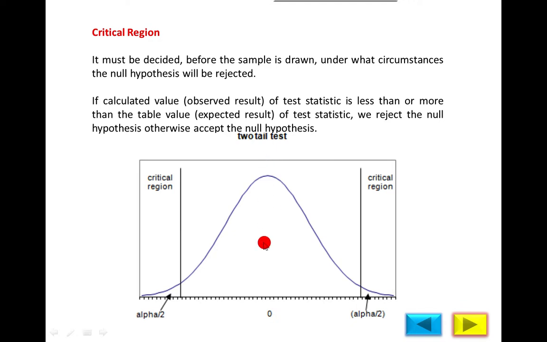This is the center of the symmetrical distribution; the left-hand side indicates negative values and the right-hand side positive values. So the range goes from minus infinity to positive infinity, minimum value to maximum value. The total area under the curve is equal to 1 in terms of probability, and 100% in terms of percentage.